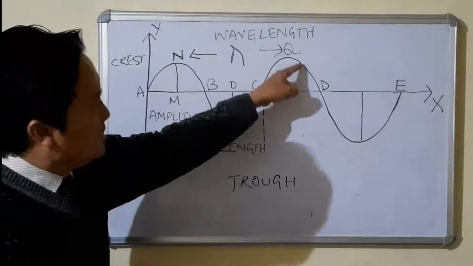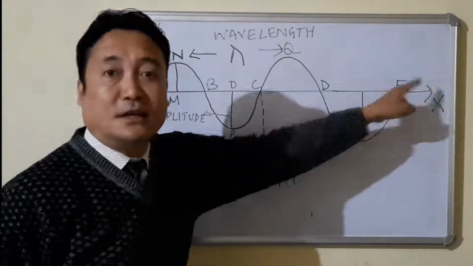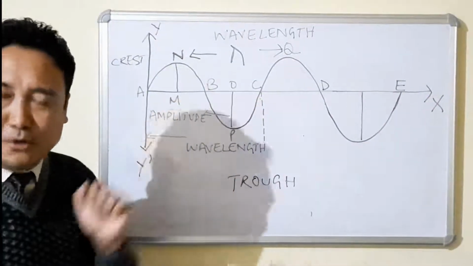Similarly, C to E makes another oscillation, so two oscillations are there.